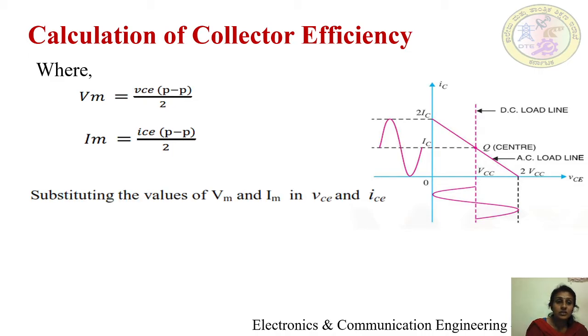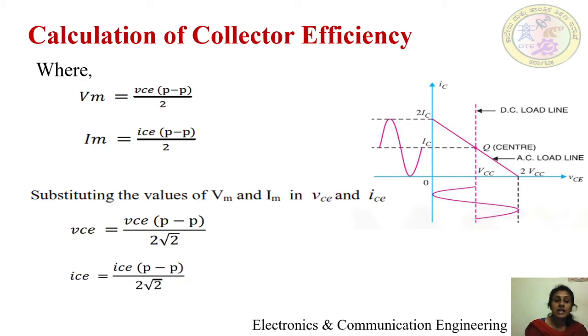Substituting the values of Vm and Im in VCE and ICE: VCE is Vm by root 2, and Vm is VCE peak to peak by 2, so VCE is equal to VCE peak to peak by 2 root 2. Similarly, ICE is equal to ICE peak to peak by 2 root 2.